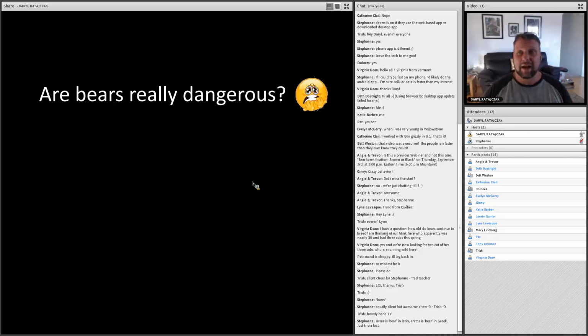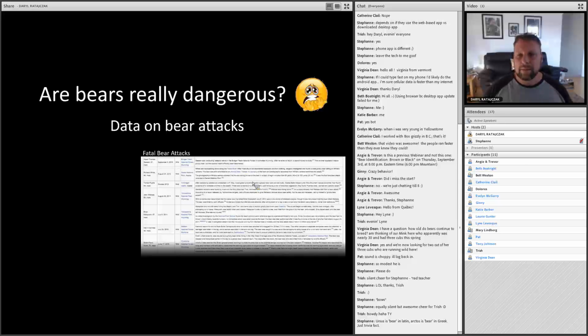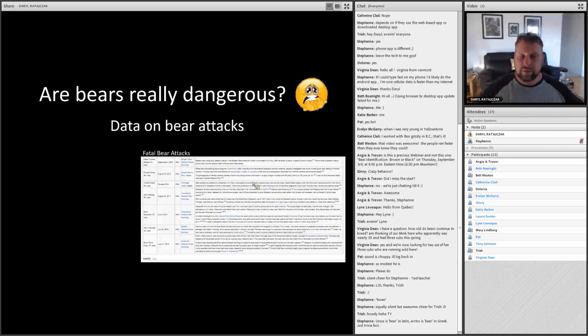Is a bear really dangerous? And so the good thing is we do have information on bear attacks or these not so good bear encounters, and anyone has access to it. You could look it up. I will tell you, if you flat out Google it, a lot of times they refer you to Wikipedia, which isn't too bad.